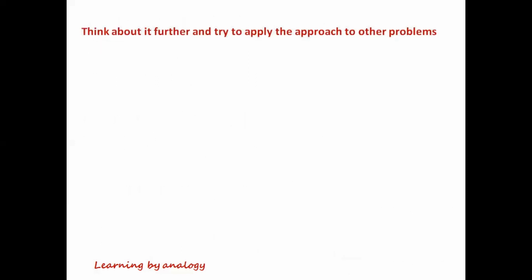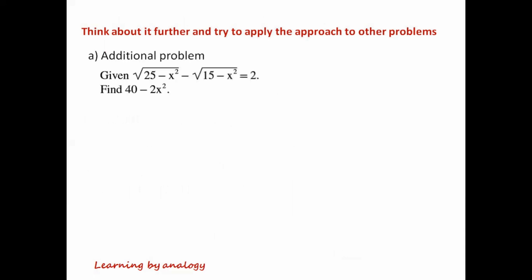Think about the thought process of the previous question further and try to apply the approach to other problems, such as this one: given root of 25 minus x squared minus root of 15 minus x squared equals 2, find 40 minus 2x squared.